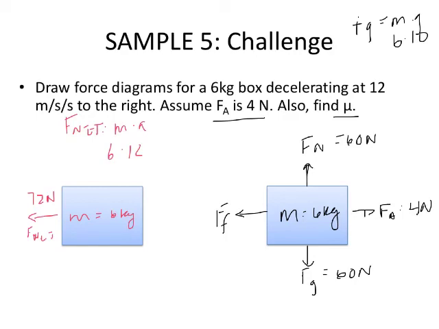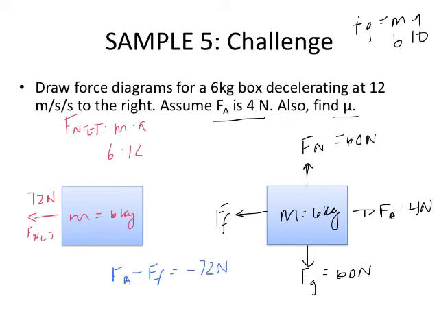So, same thing, FA minus F of F is going to be equal to, since the arrow is pointing to the left, negative 72 newtons.